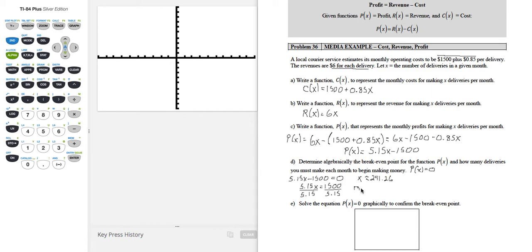So we must make 292 deliveries. Notice we round it up to the whole delivery. So we must make 292 deliveries to start making money.